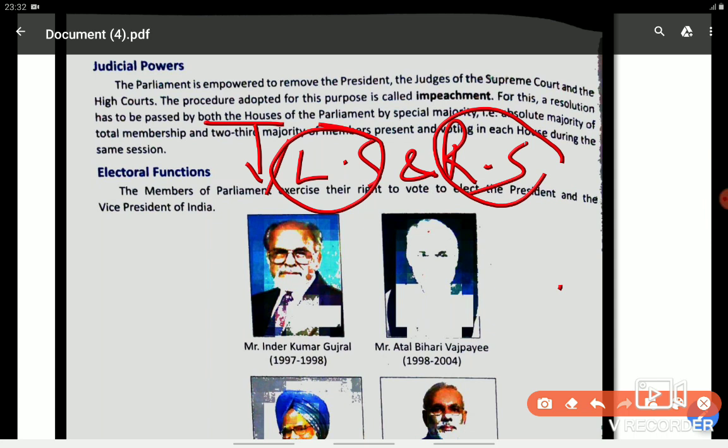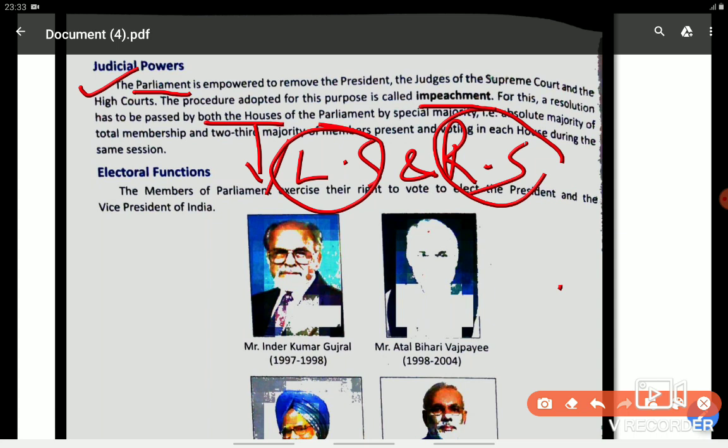So what have we come across in this judicial power? First of all, the Parliament has the power to remove the President, judges of Supreme Court and High Court. For that we adopt the impeachment process. First of all, it will be presented in Lok Sabha as well as in Rajya Sabha.